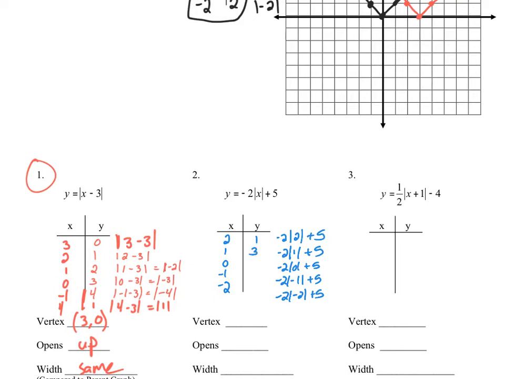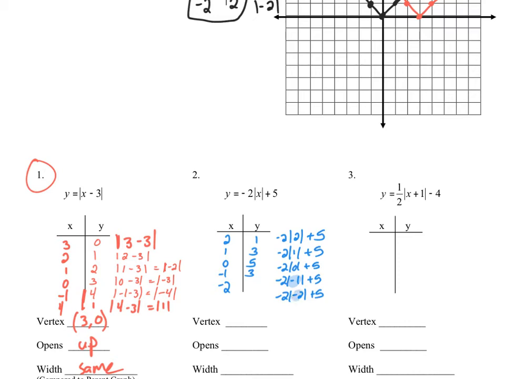Okay, -2 times 0 is 0. 0 plus 5 is 5. Now the fourth one down, -2 times the absolute value of -1. The absolute value of -1 is 1. So it's 1 times -2 is -2. -2 plus 5 is 3.